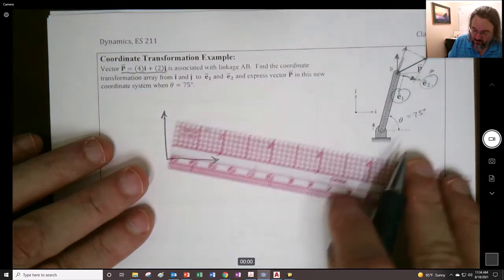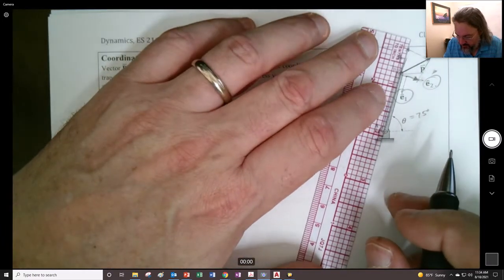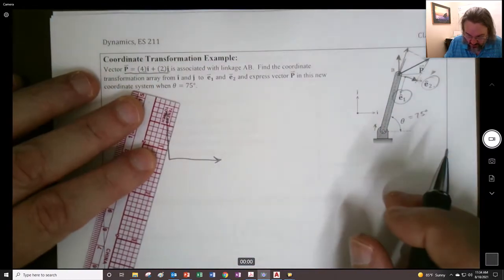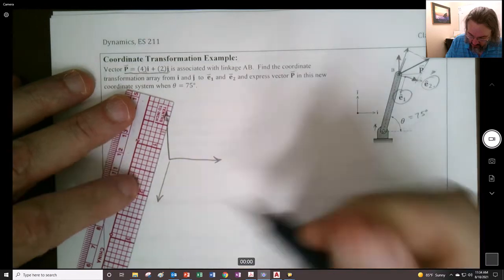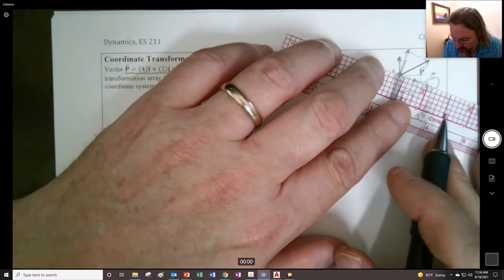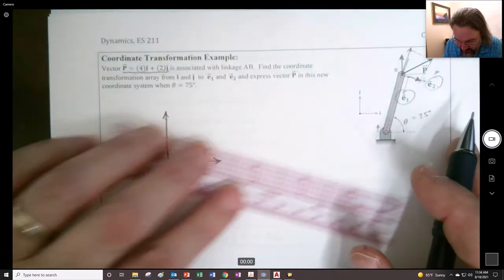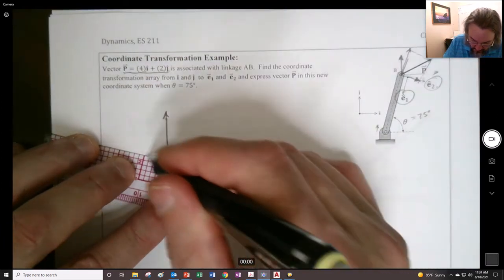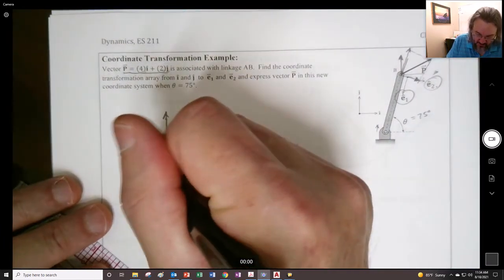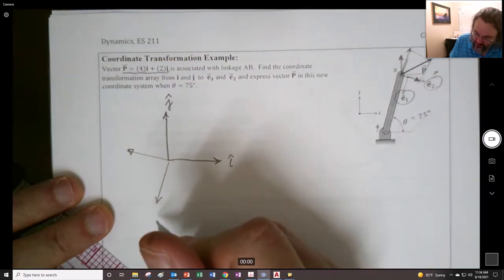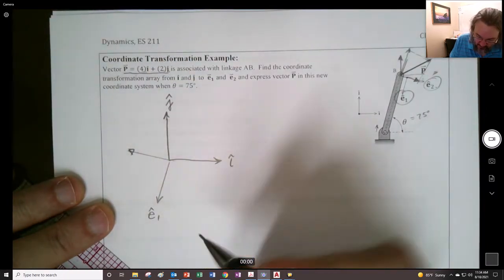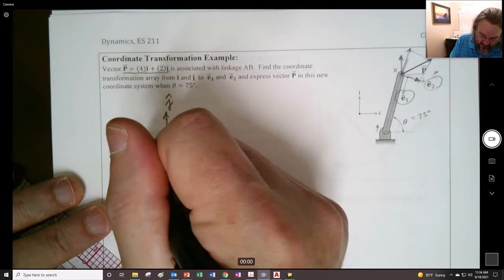Okay, so I'm going to trust that this orientation is correct, right there. So here is our other vector, and here is our other vector, right? Unit vector. So here's i, and here's j, and here's E1 with a caret on top, and E2.